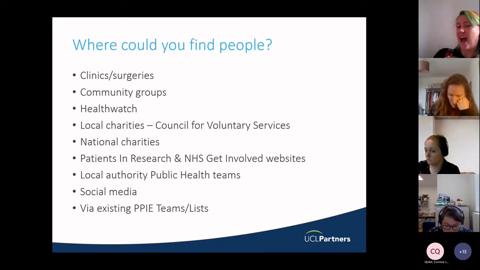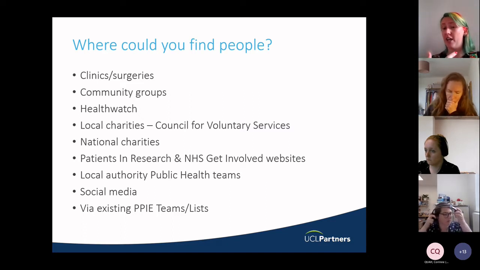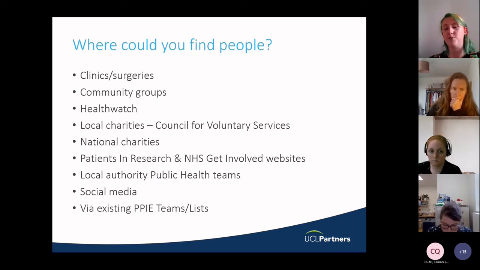So I've got a nice little handy list of potential places that you might want to go when you're thinking about engaging with people, wanting to reach out to and involve people. Now, obviously, in the medical sphere, whenever I talk about this, people immediately go, oh, well, I can go into clinics or surgeries. And I know that's not the reality for quite a lot of the medical profession.